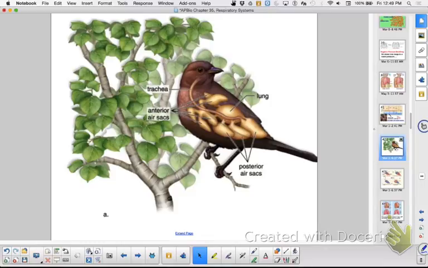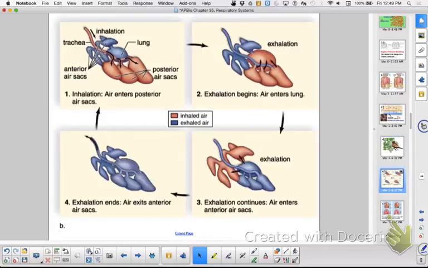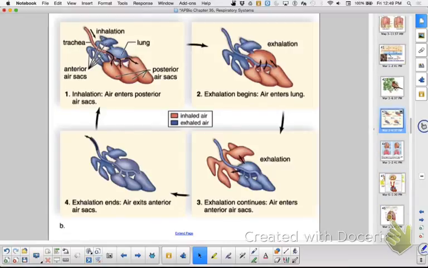All right. So they'll bring the air first into their posterior air sacs, then through their lungs, anterior air sacs, and out. So it only flows in one direction through the lungs. And similar to fish and their gills, the blood and the air are at a countercurrent to increase the efficiency of being able to pick up oxygen.